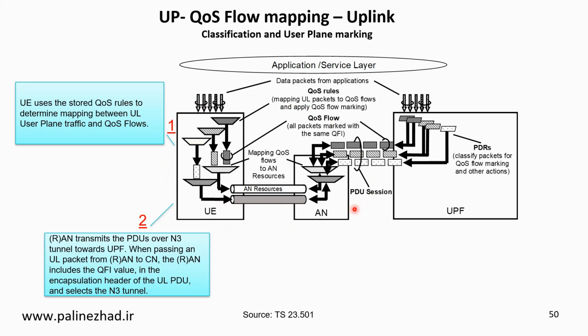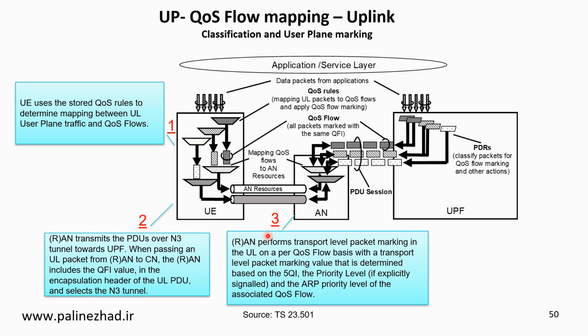In the second step, RAN transmits PDUs over entry tunnel towards UPF. And when passing an uplink packet from RAN to core node, the RAN includes the QFI value. And this value is added to the encapsulation header of the uplink PDU on the entry tunnel.